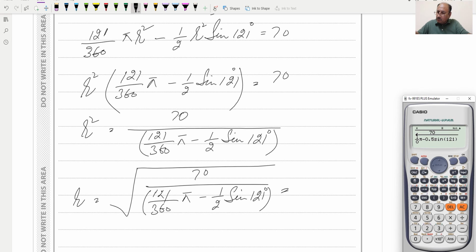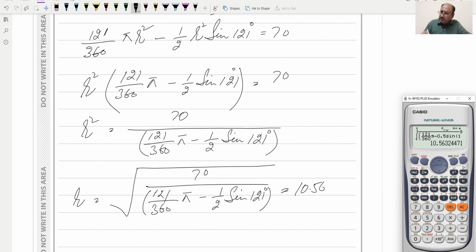Your calculator should be in degree mode. A bigger bracket is missing, so we put another bracket over here, and this gives us the answer 10.56.